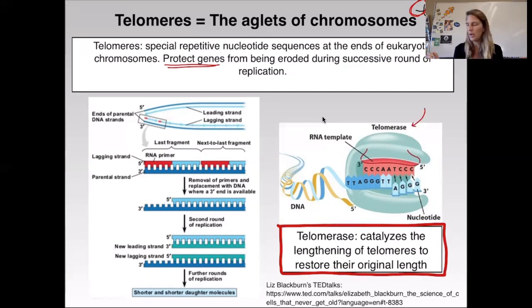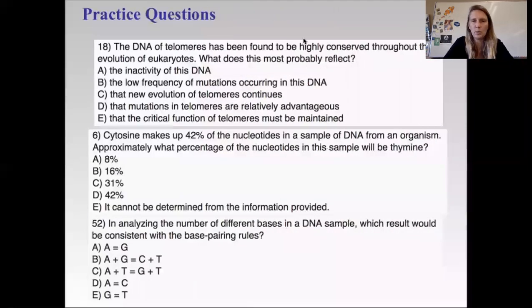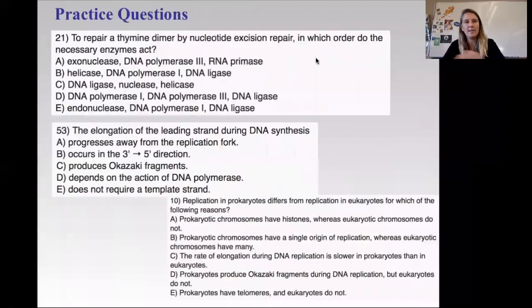And she got the Nobel Prize back in the day. I forget what year. But she's amazing. Telomerase is very, very cool. You should check out this diagram and see if you can explain why telomerase would be important. All right. And again, there are lots of practice questions at the end of the PowerPoint that you should do. All right. Peace. Bye. Ciao.